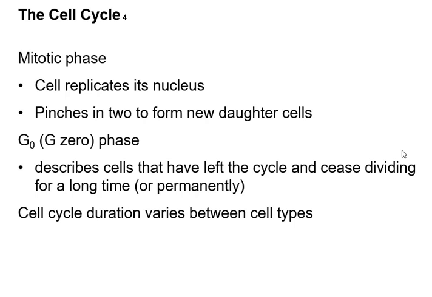Some cells are more complicated than others. Some of them take longer to divide, so that's why it's anywhere from 6 to 8 hours to replicate the DNA. On average, it takes about a day for the whole process of interphase and mitosis and then cytokinesis.